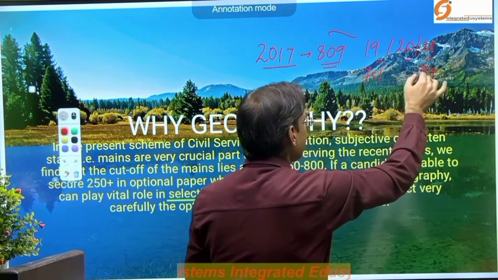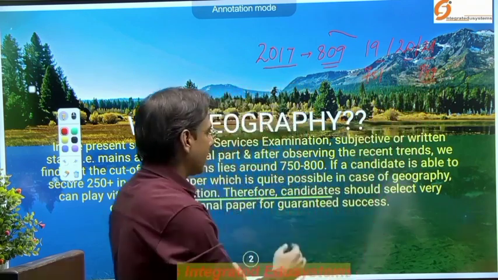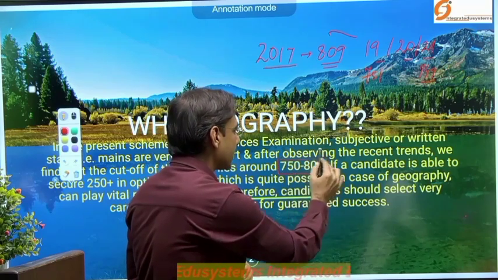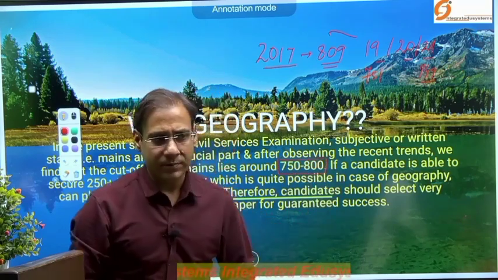So on average, the cutoff in the mains in the recent past is between 750 and 800.